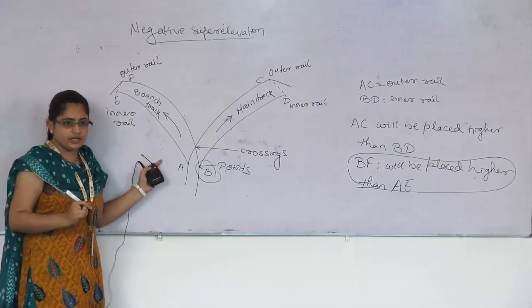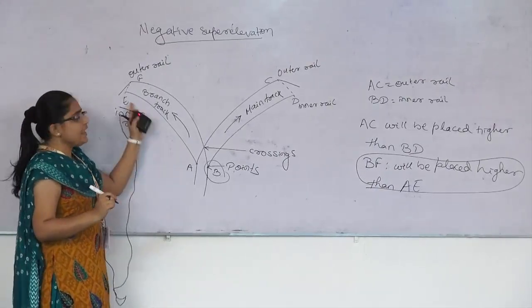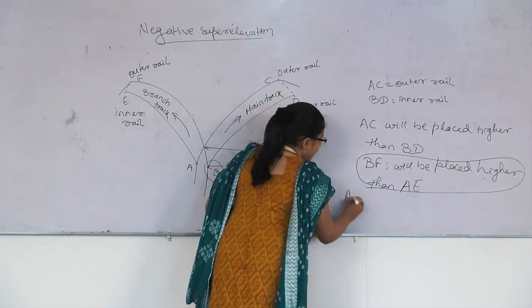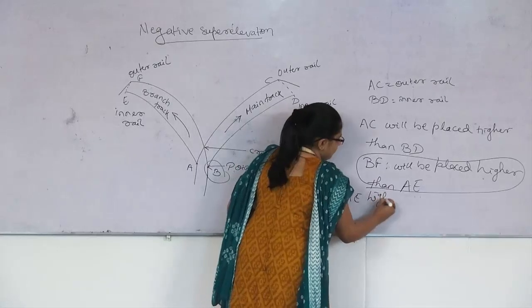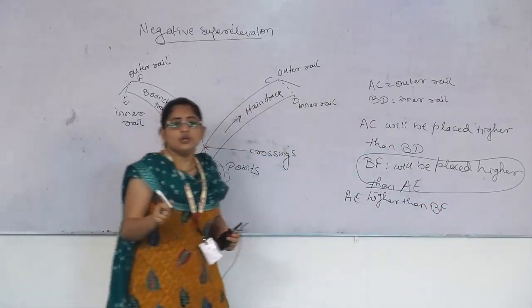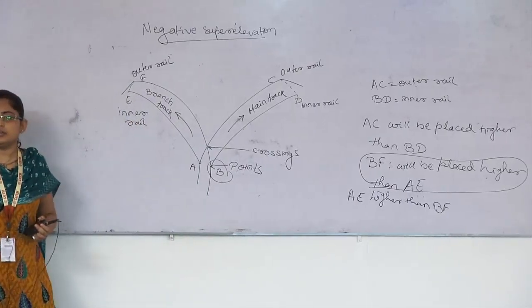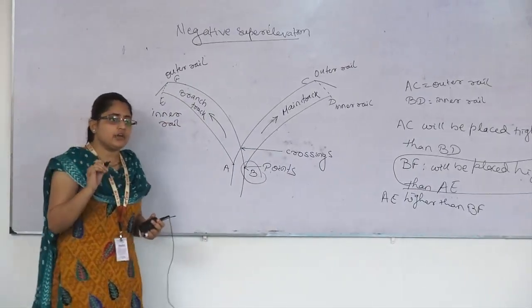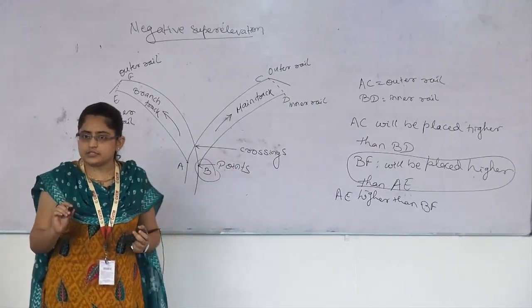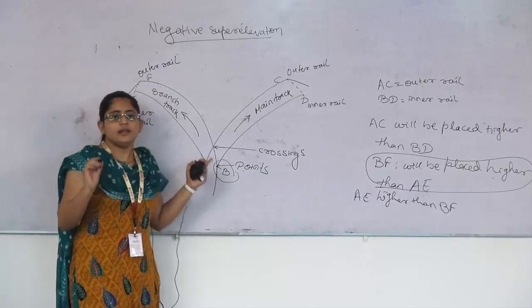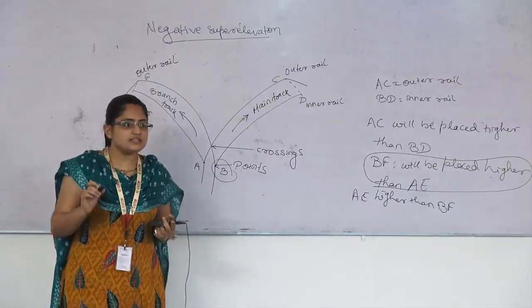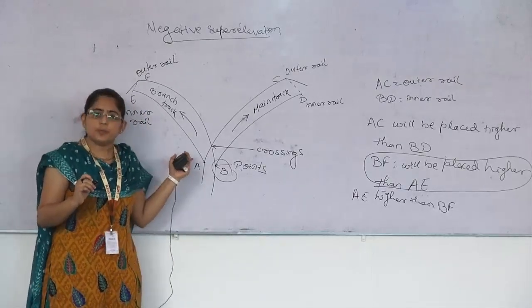As they are contradictory, we will place AE higher than BF, because of contradictory points. So this is said to be your negative superelevation.